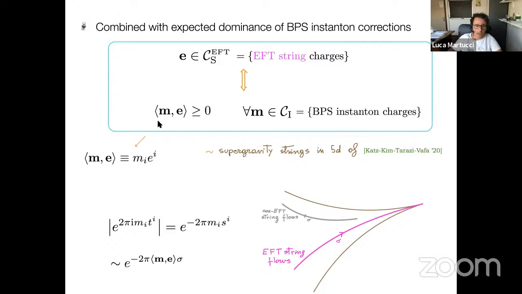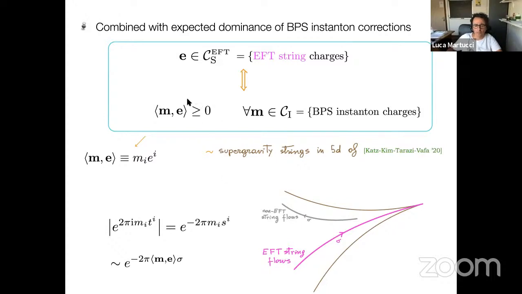Okay, why? Because for such BPS instantons, the contribution of such instantons to the effective field theory contains this typical exponential dependence on these scalar fields, in particular on the saxions.